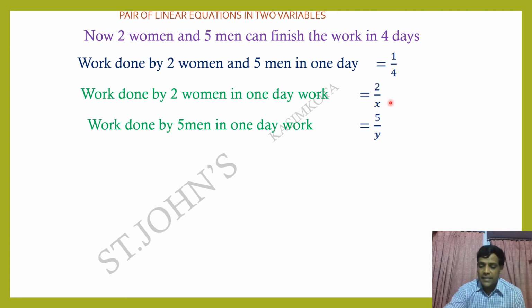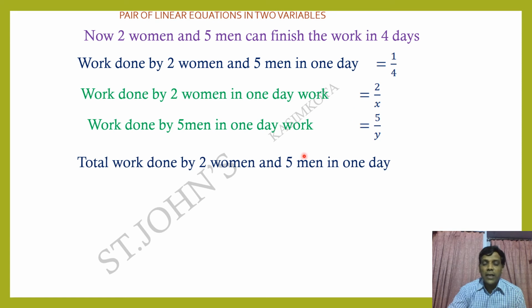So this is written as: total work done by 2 women and 5 men in 1 day is 2 by X plus 5 by Y equals 1 by 4.